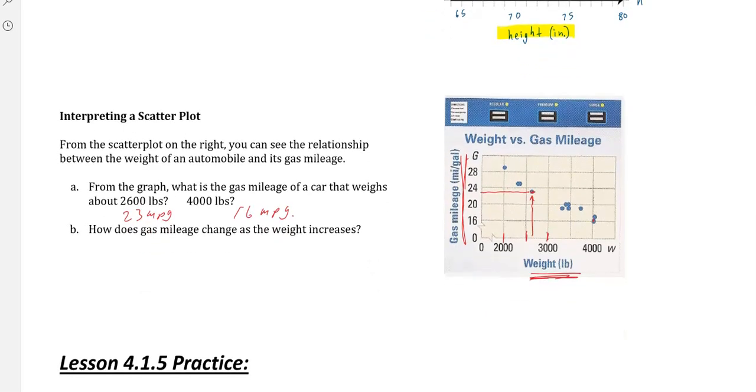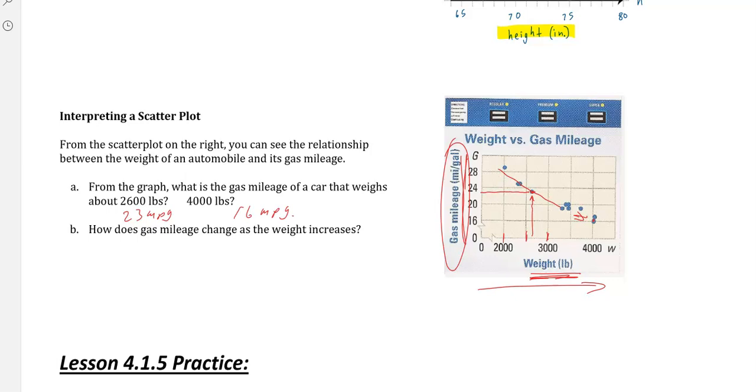So what happens to the gas mileage? How does it change as the weight increases? As the weight of the car goes up, what happens to our gas mileage? Does it go up as well? No, as you can see, as the weight of the car goes up, our gas mileage goes increasingly in a downward progression.